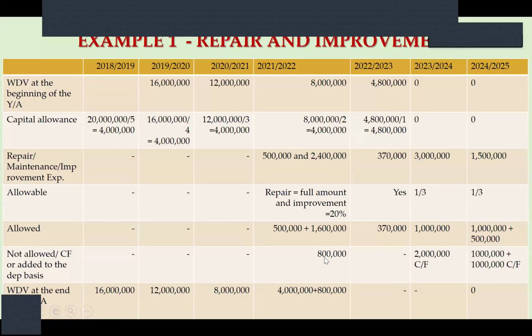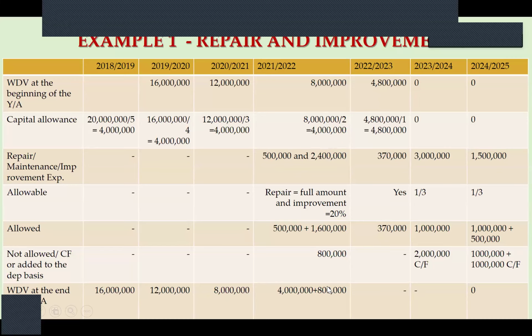What do we have to do? That not allowed amount should be added to the current year written down value. So what is the current year written down value? That is 4 million, because we have only 4 million.